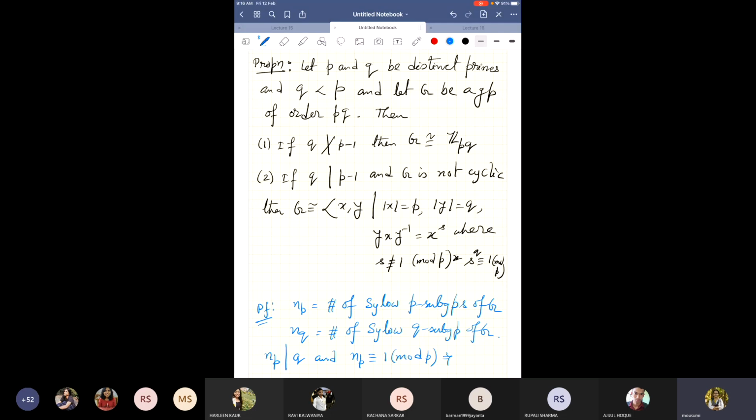So what values of NP are possible? NP divides Q, Q is a prime number, so NP can be either 1 or Q.